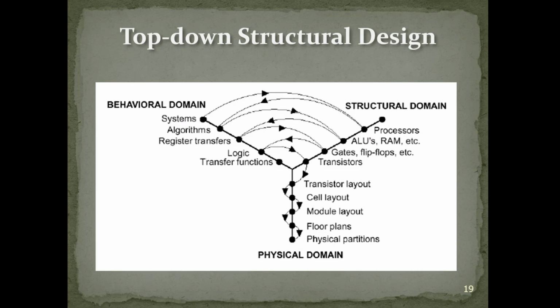But those, or any other resource inside of the processor, at the end of the day are all about register transfers, transferring data from one register to another and processing it one way or another in between. Register transfers, to refer back to the structural domain, rely on things like gates, flip-flops, etc.